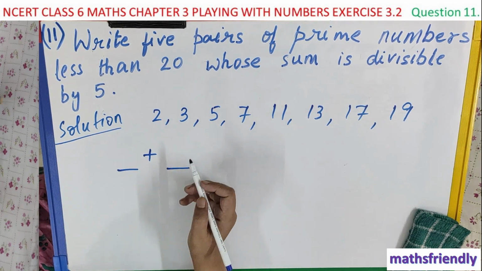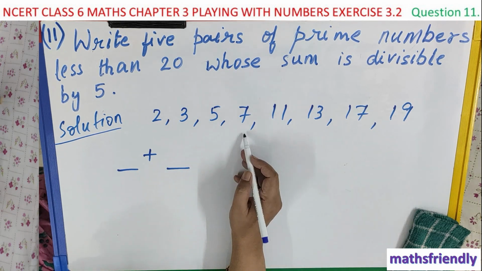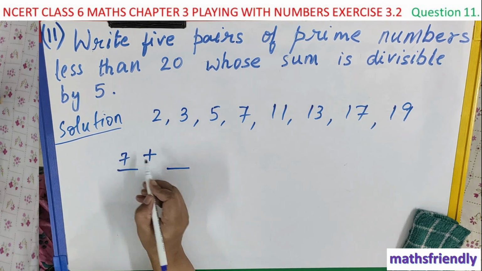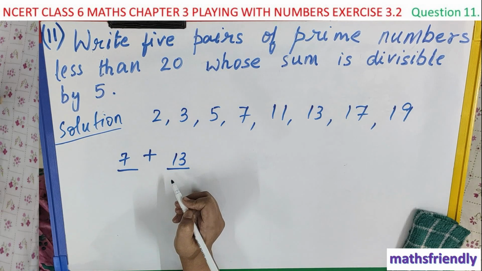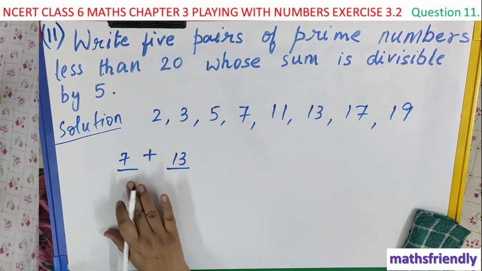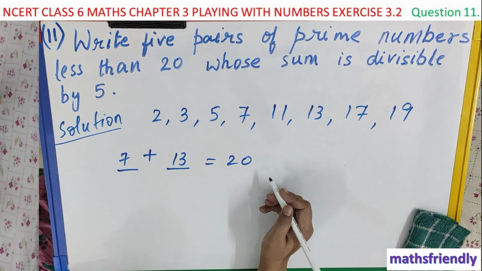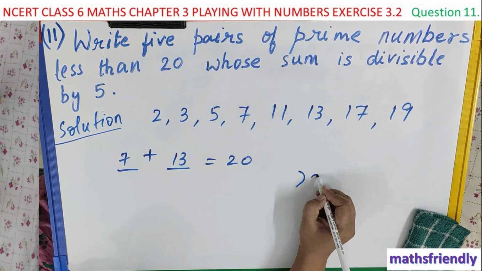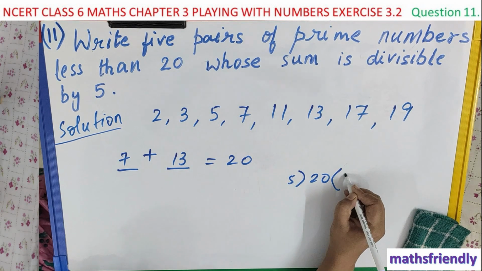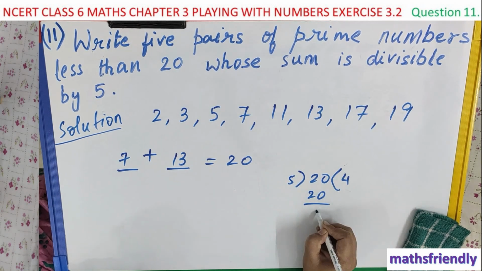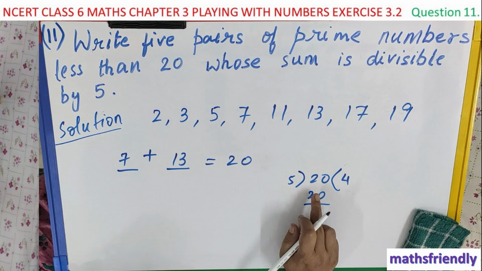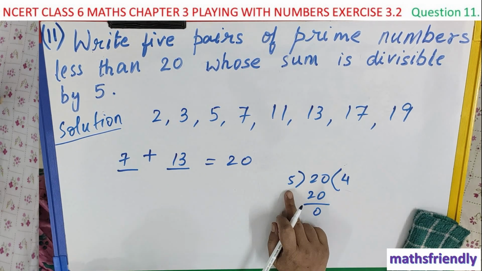For example, if we take 7 and 13, both are prime numbers, and their sum is 20, which is divisible by 5, because 5 fours are 20. The remainder is 0, so 20 is completely divisible by 5.